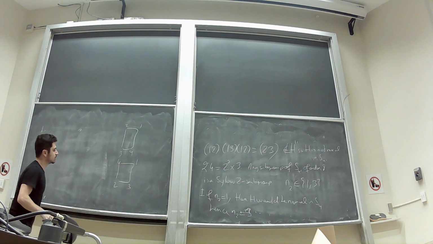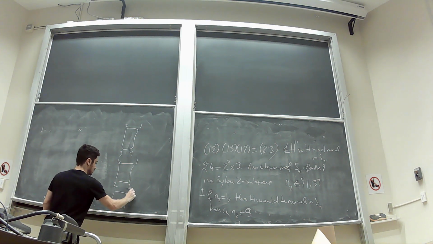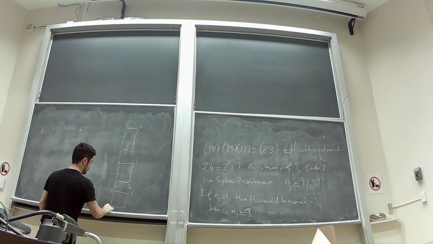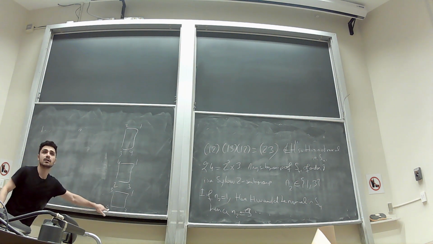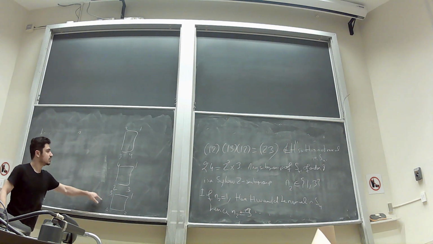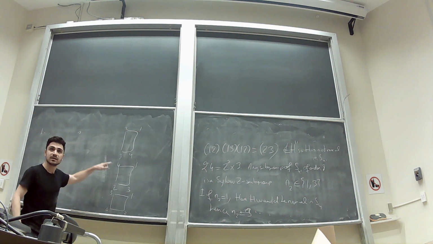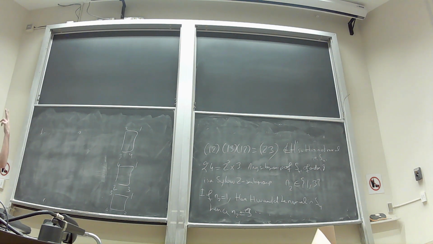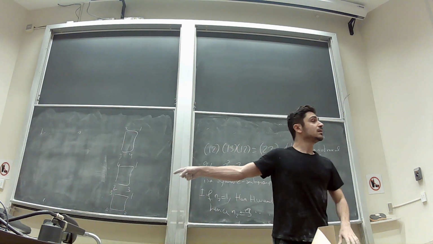And then we can do one more: 1, 3, 4, 2. Write down the symmetries of these, and you get 3 subgroups of order 8. Okay, is it clear or not?